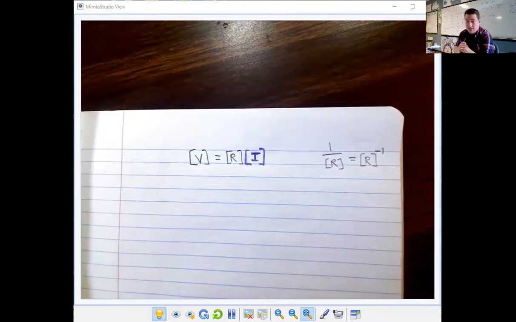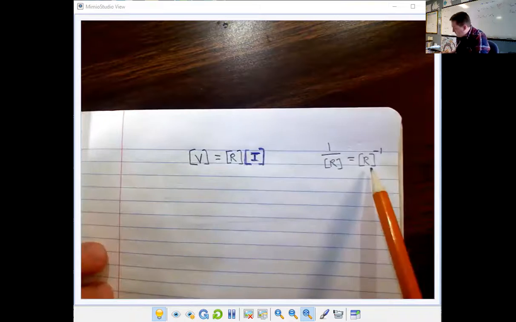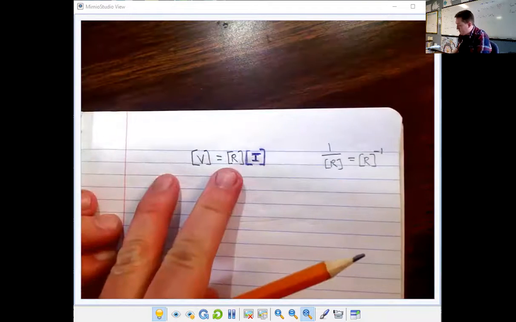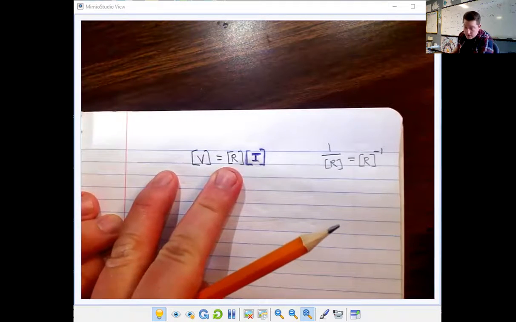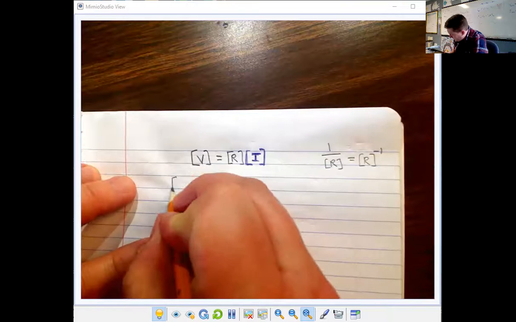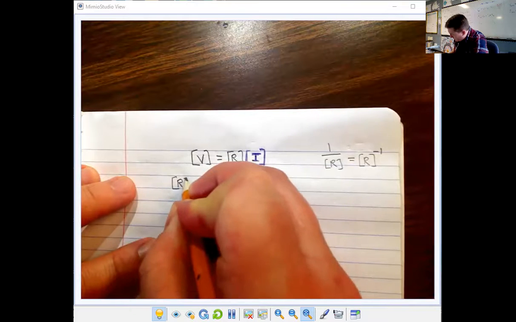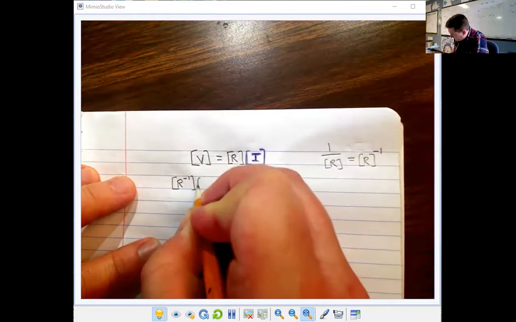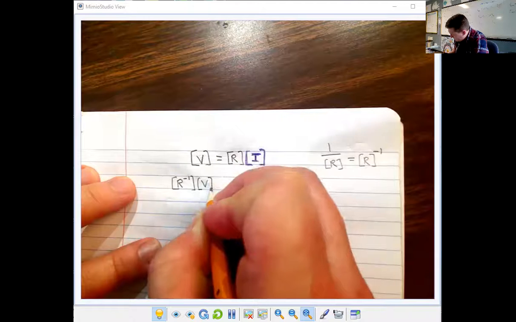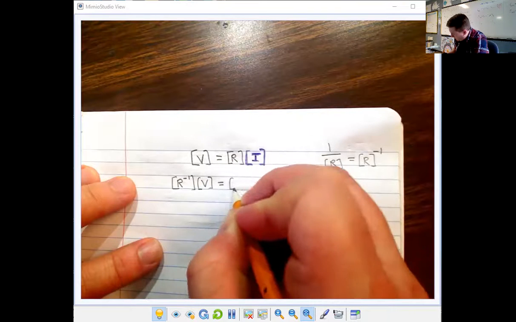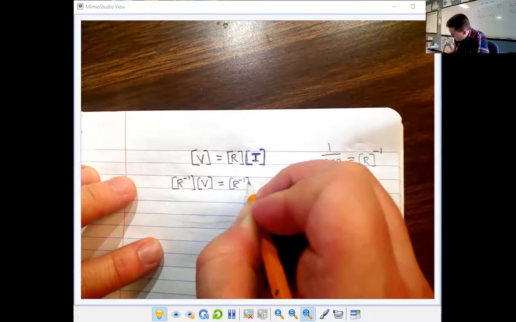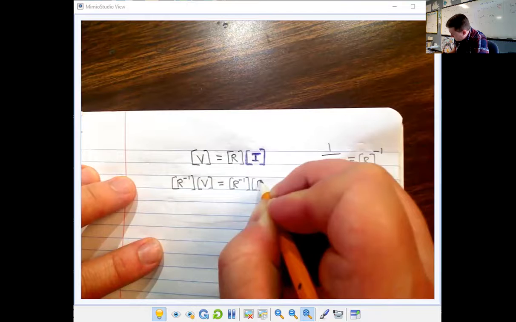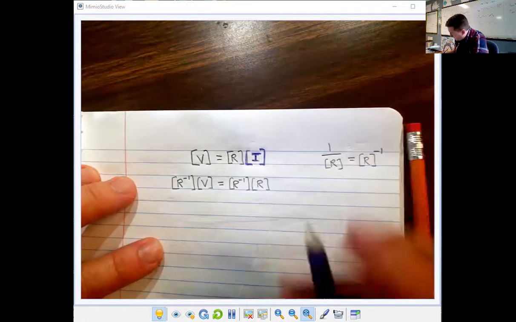So pay attention to this. I'm going to multiply the inverse matrix to the left side of the matrices: R negative 1 times V equals R negative 1 times R times my unknown I.